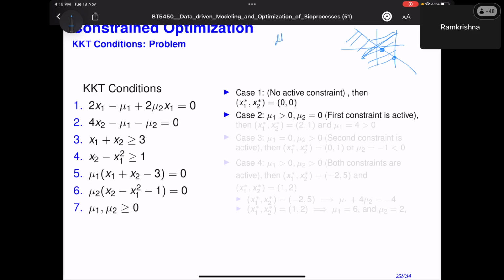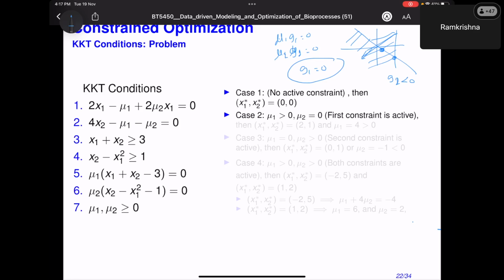So we had mu1 G1 is 0, mu2 G2 is 0. So when mu2 is 0, then G1 is, okay, G2 is strictly less than 0, and because mu1 is not equal to 0, G1 must be equal to 0. Right?